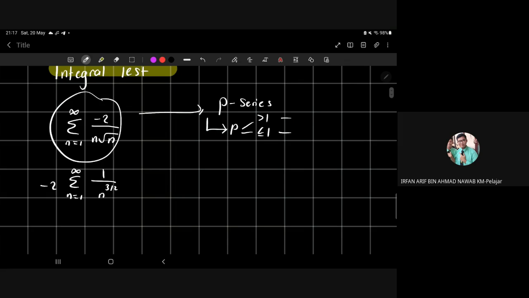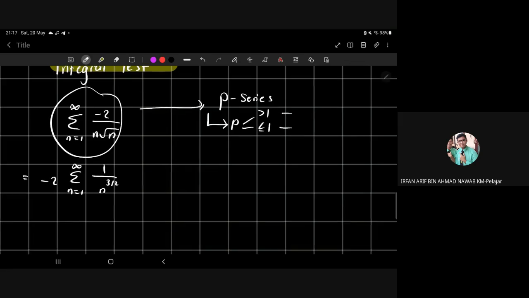The way we want to state our answer is that we have this, which is equal to negative two times the series.